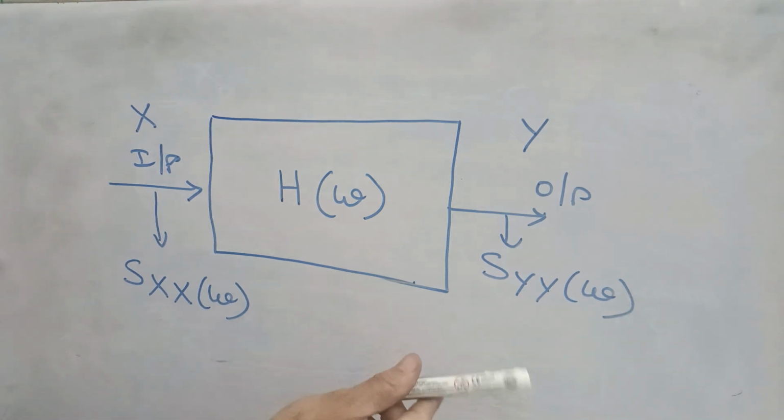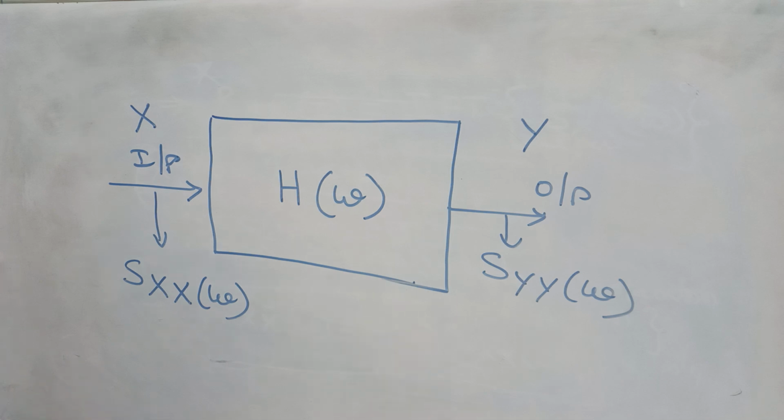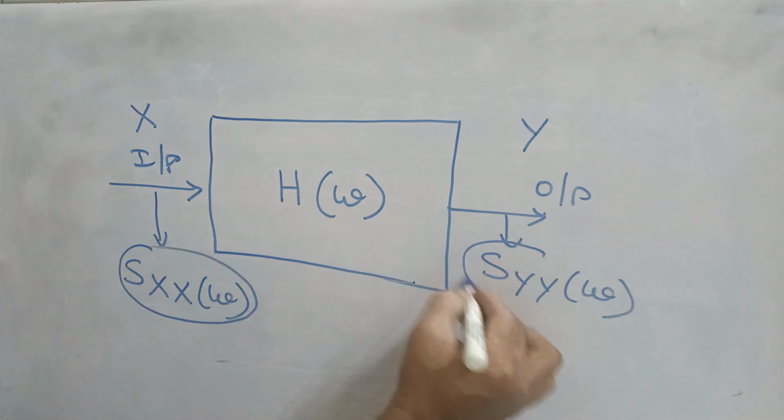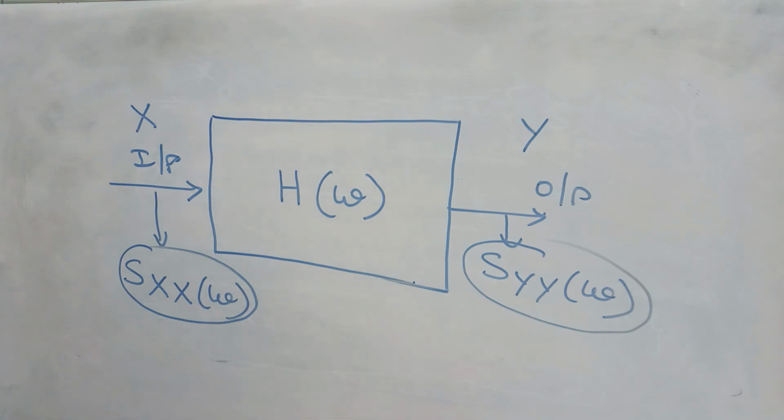Therefore, these are the three parameters you can observe: the input PSD, the output PSD, and the system function or transfer function.